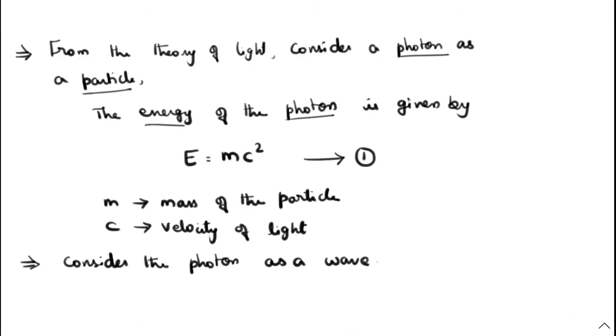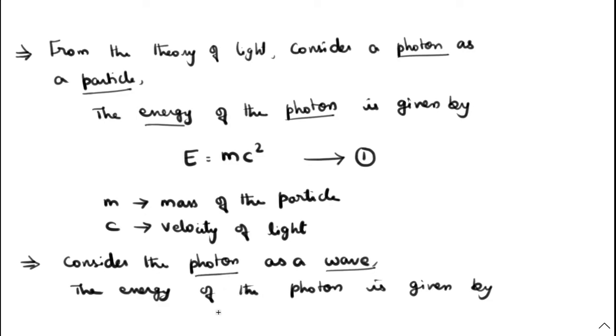Since we have considered the wave nature, the formula is E is equal to h nu, where nu is the frequency. Frequency is the characteristic of a wave. So when we consider the photon as a wave, the energy of the photon will be equal to h nu. This is equation number 2.